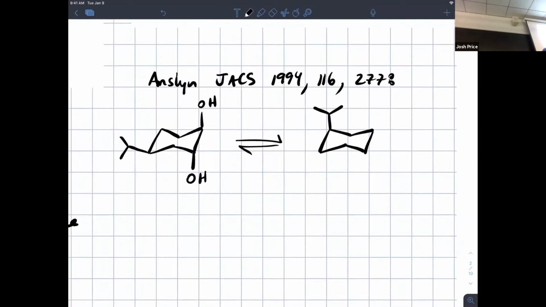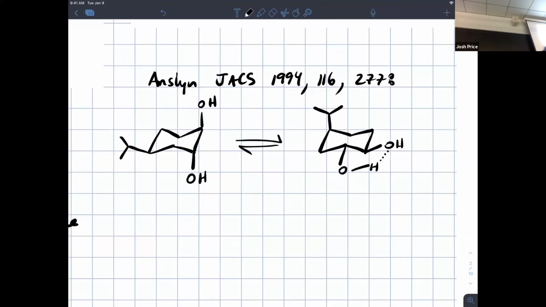But if we did a ring flip, it might be possible for there to be a hydrogen bond between one equatorial oxygen and the other.